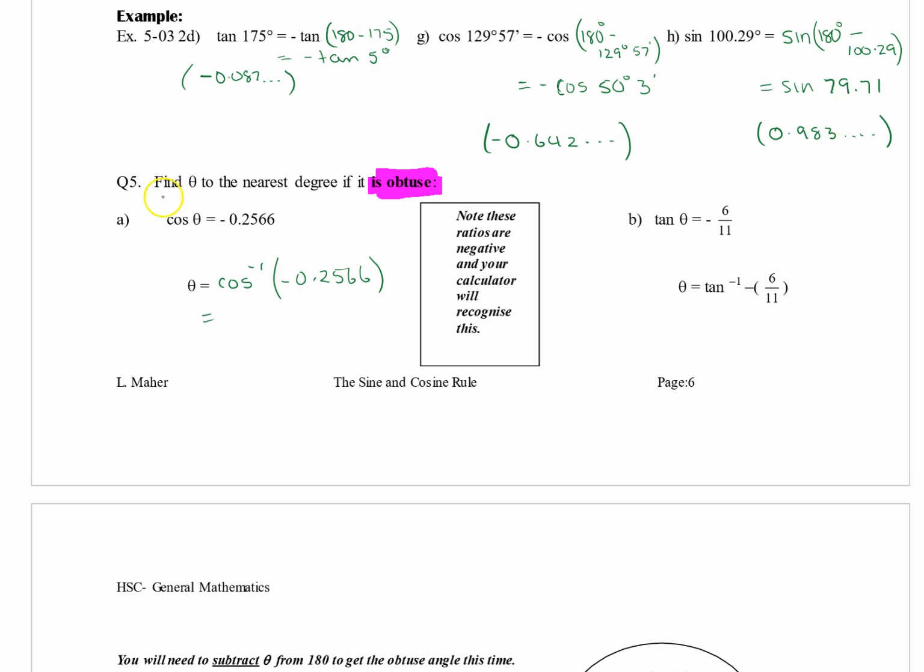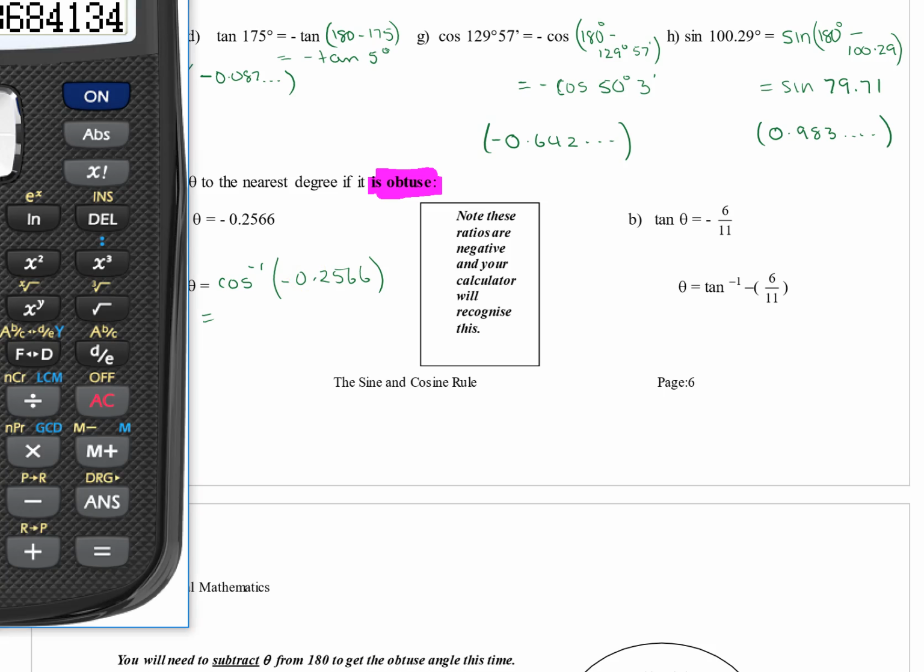However, in questions where you're asked to find the actual angle and you're told that the angle is obtuse, there is no problem with cos and your calculator. If you know that cos of the angle is a negative, so onto your calculator you'll put theta is cos inverse that angle.